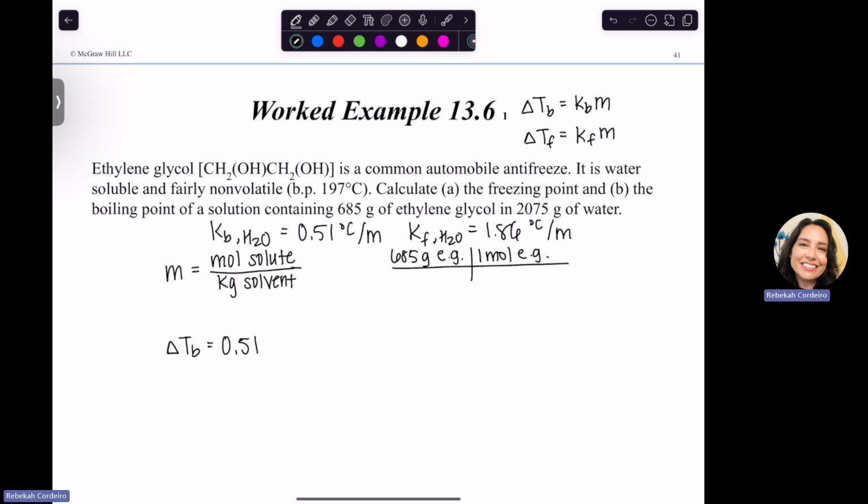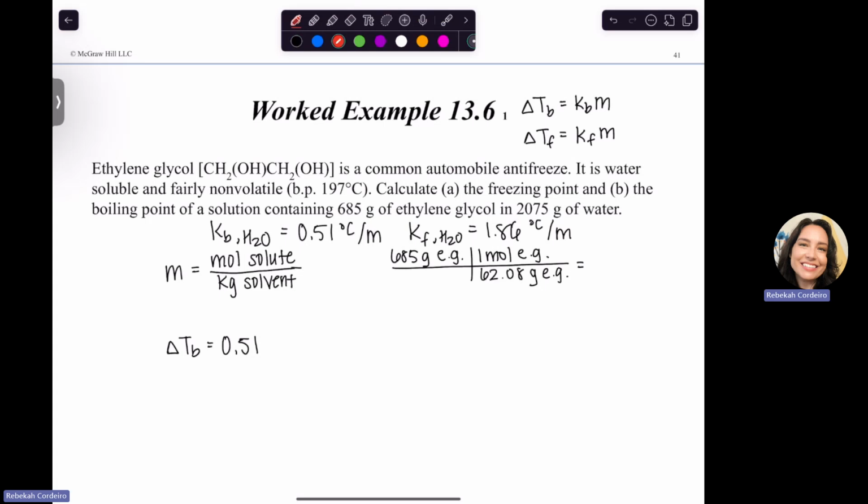So I have 2 carbons, I have hydrogen times 1, 2, 3, 4, 5, 6. And I have oxygens times 2. So I should get 62.08 grams of ethylene glycol.